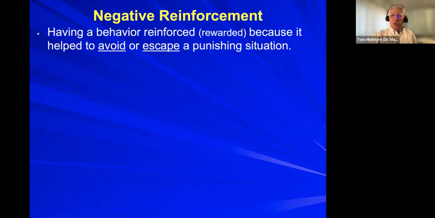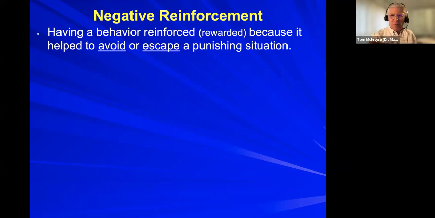And negative reinforcement. Now, this is one of the more difficult terms to wrap our brains around, but it is having a behavior reinforced. Pay attention to that second word, reinforcement. We know that whatever we're doing here, if it builds the behavior, it strengthens the behavior, we're more likely to see that behavior in the future.